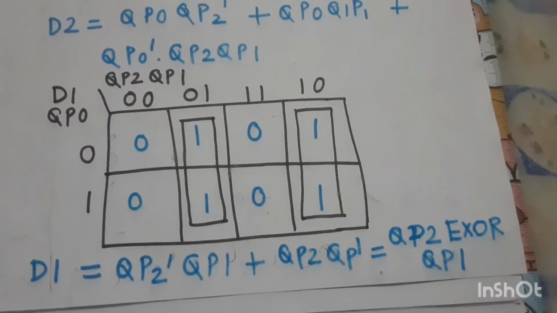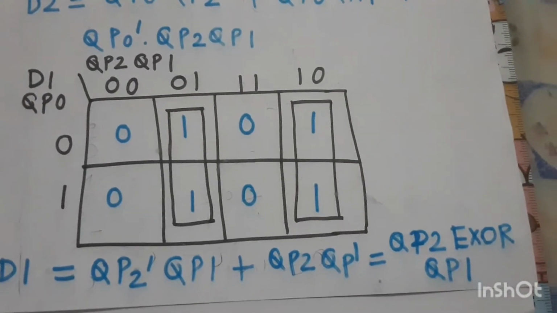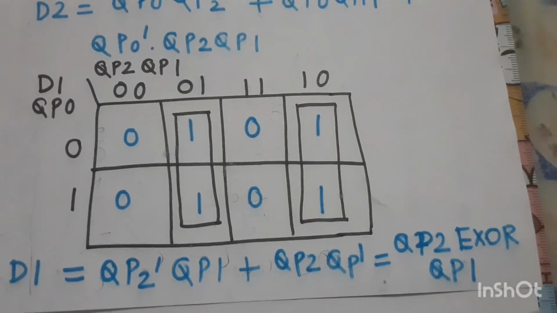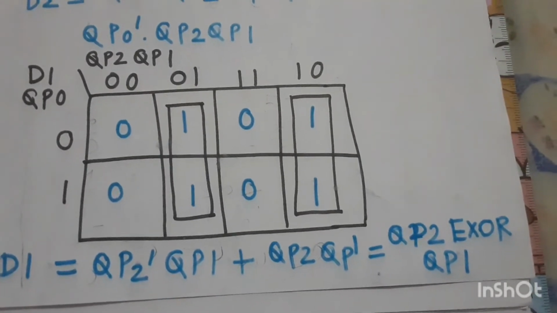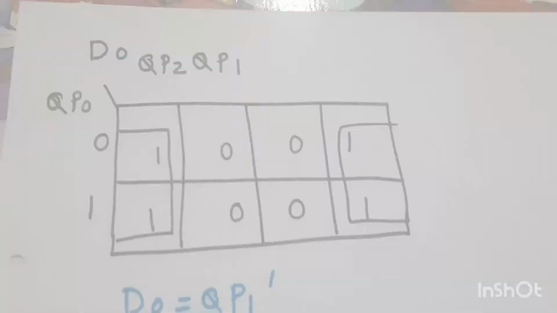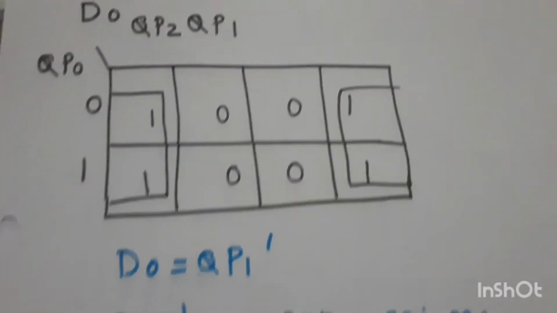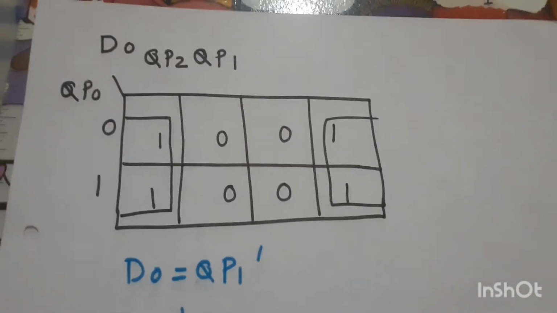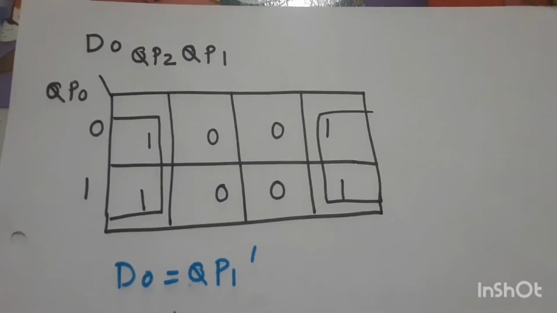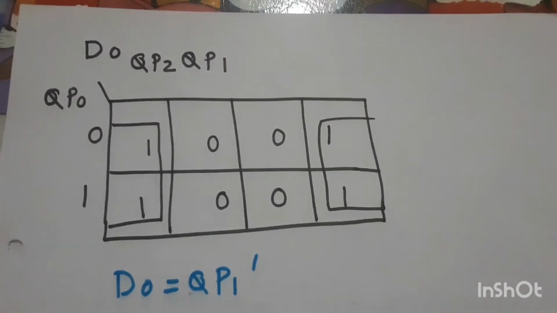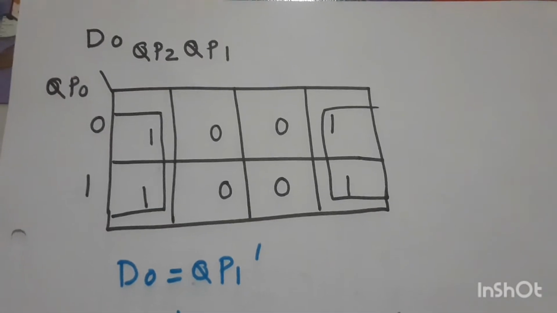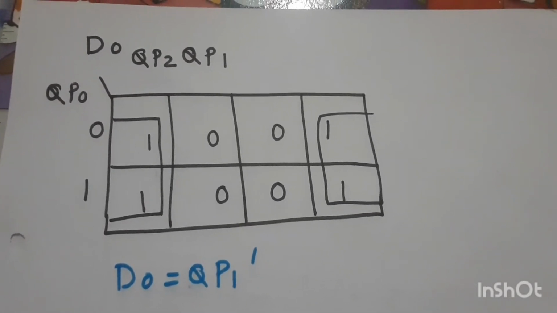So what I obtain is D1, the simplified one, is actually QP2 XOR QP1. The K-map for D0 is shown. Can you see that? Can you simplify it on your own? Hopefully you can do, if you know how to simplify the K-map. So D0 which I obtained is QP1 bar.